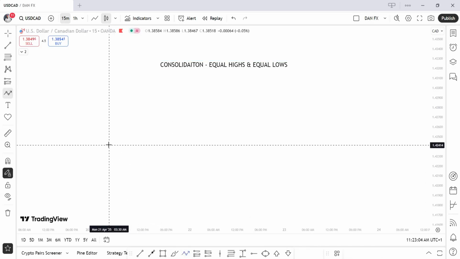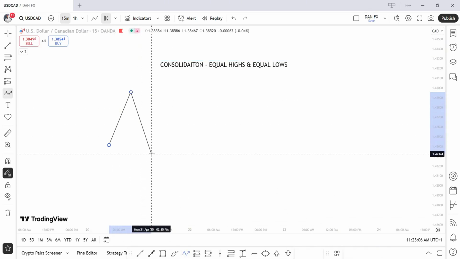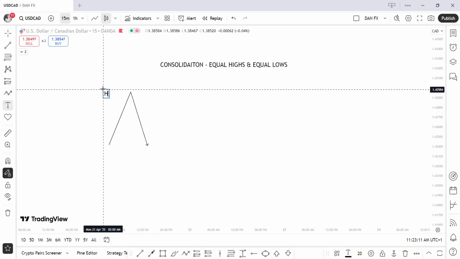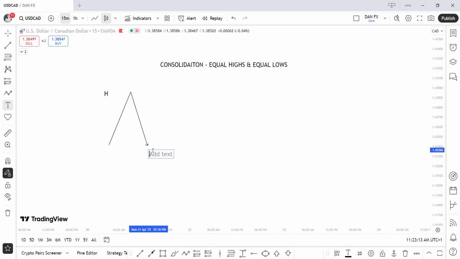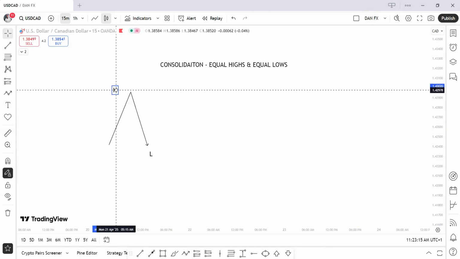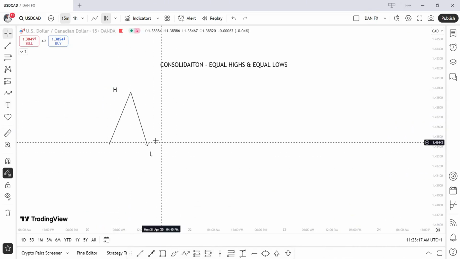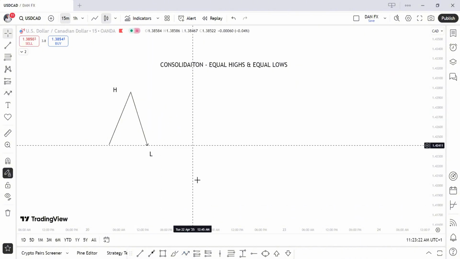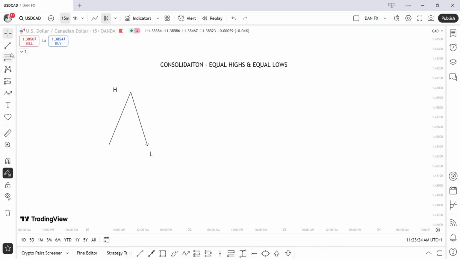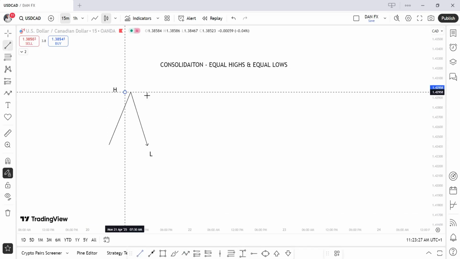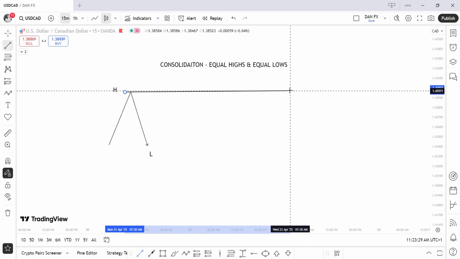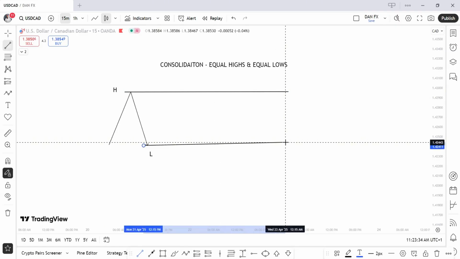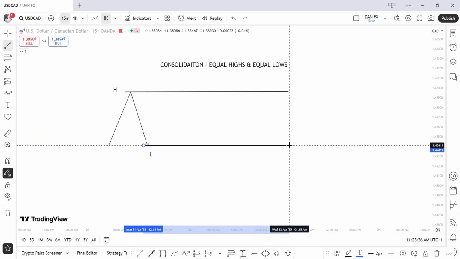You're going to get a high, and a low, signified as H and L. The highs and lows are equal in the sense that as you get new highs and lows, they're going to be at the same level. So let's say we draw a horizontal line here to signify the high, and then a horizontal line here to signify the low.